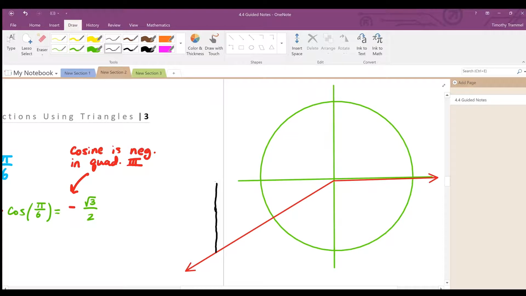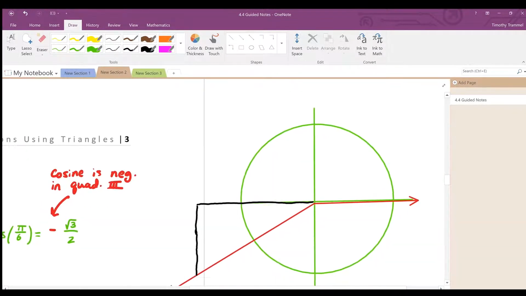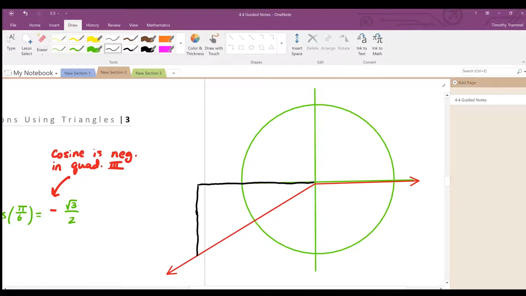It's just a bigger version of it. Okay, there we go. And if I were to go back over, I would see that opposite of my pi over 6 was 1 again. Okay, so let's write that in here.